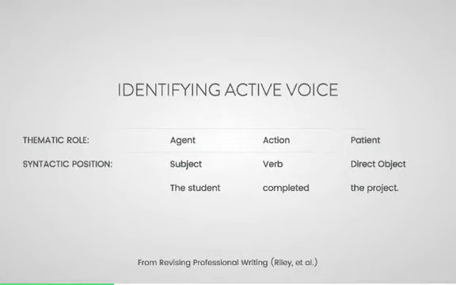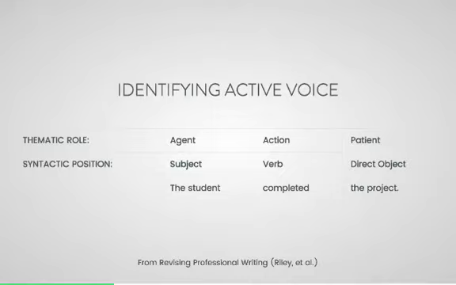Okay. We can also look at sentences syntactically, where we've got subjects, which are the first noun phrase in a sentence. We've got a verb, and then we've got direct objects, whatever follows the verb phrase. And so we have active voice when the agent is in the subject position.